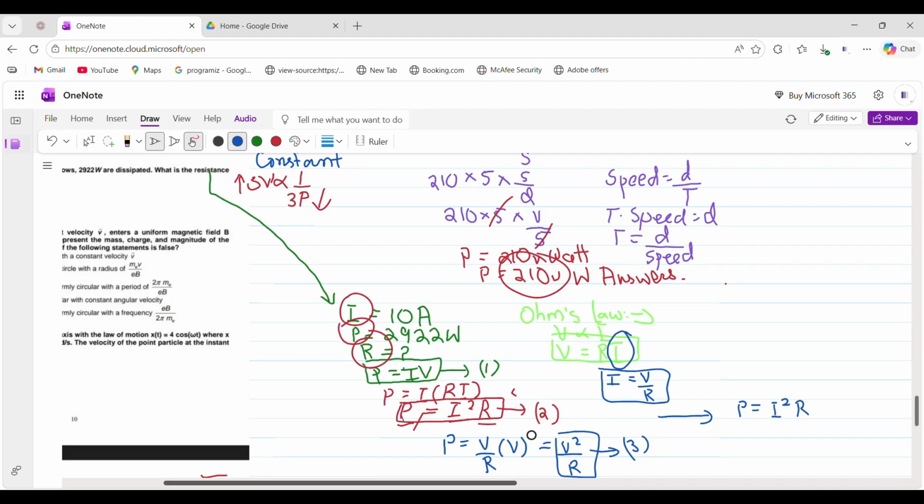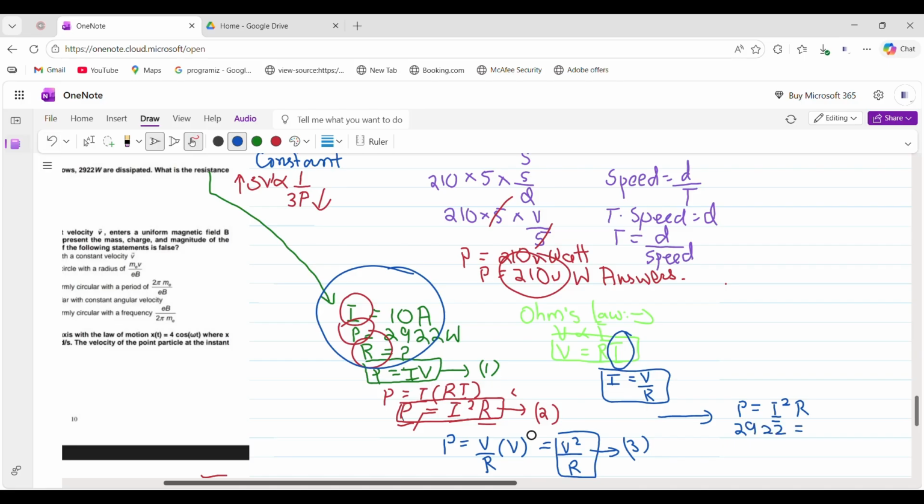Basically here three components are used that are given in our data: current, power, resistance. Now just substitute the values. Instead of power value we already have 2922.